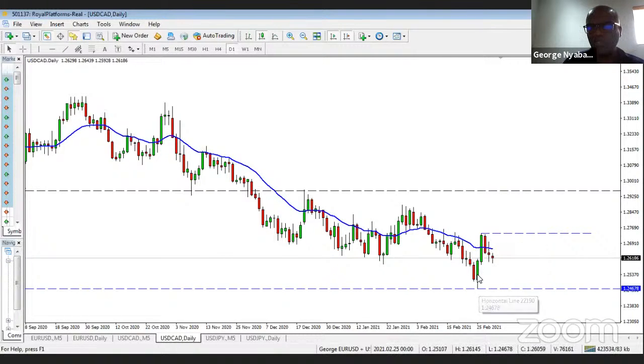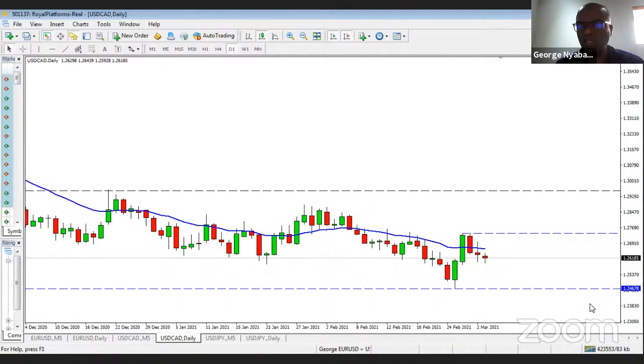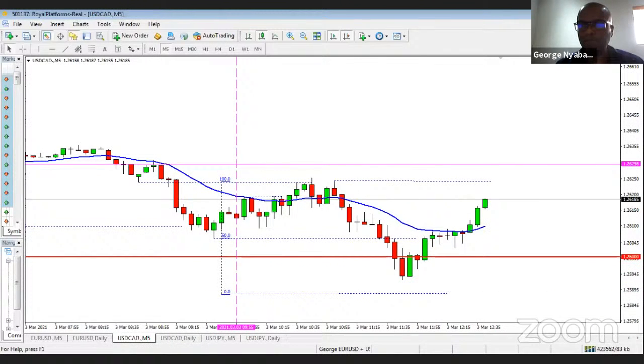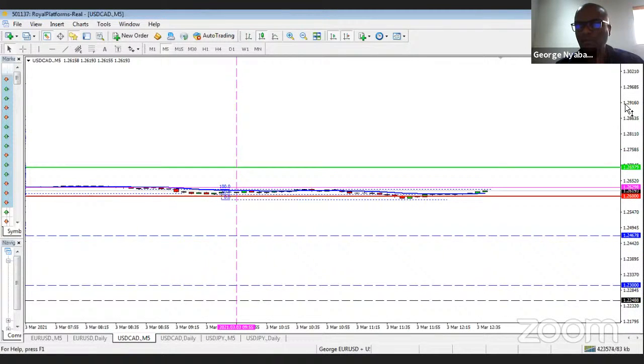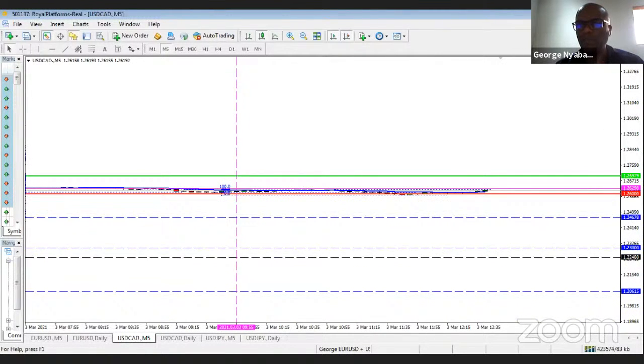Those are the most immediate levels I need to pay attention to when I go down to the 5-minute time frame. When you come down to the 5-minute time frame, you just have those levels marked and keep them in sight.